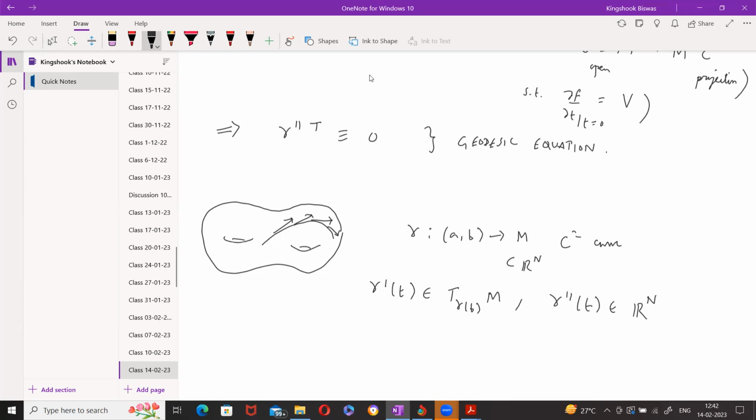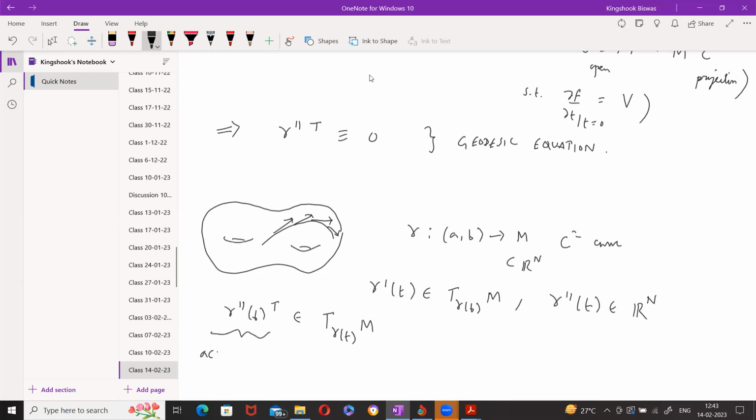So our acceleration will be the tangential component. This will again be a tangent vector to M. This is the acceleration of gamma.